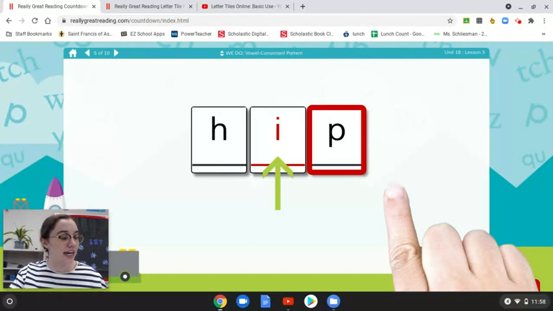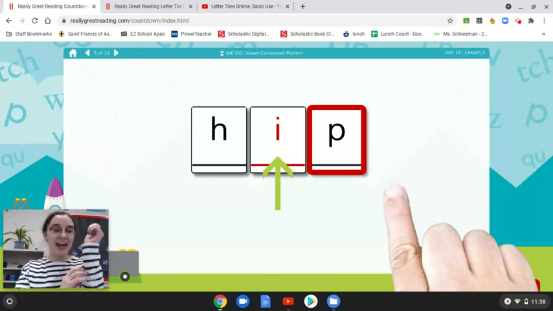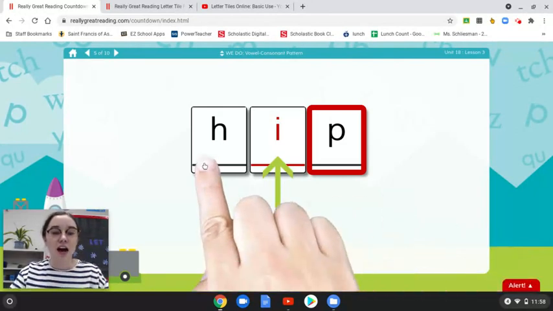Yes. What is our pattern? One vowel with one or more consonant after it. So the I should say its short I sound. What is the short I sound? Good. So this word is hip.